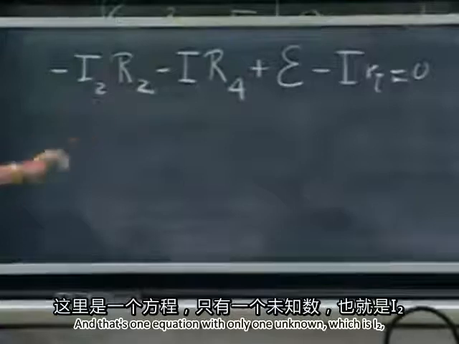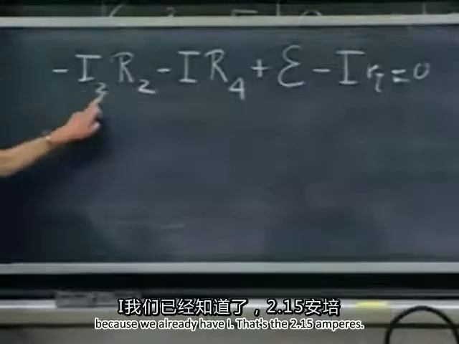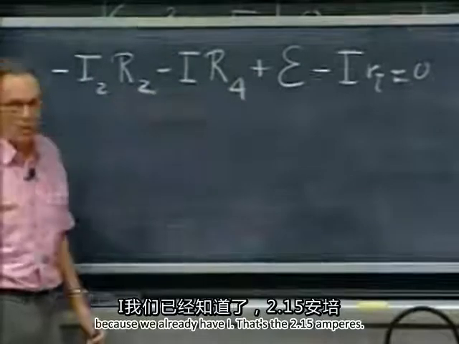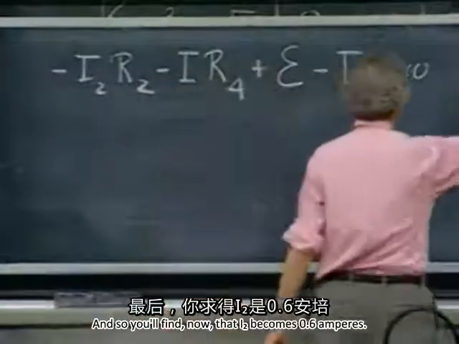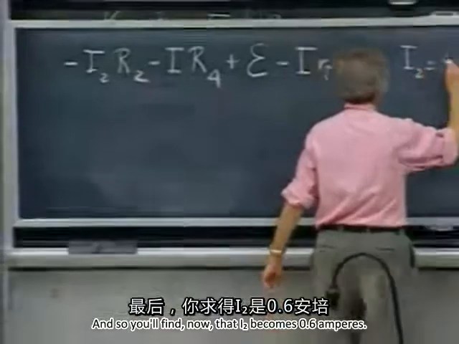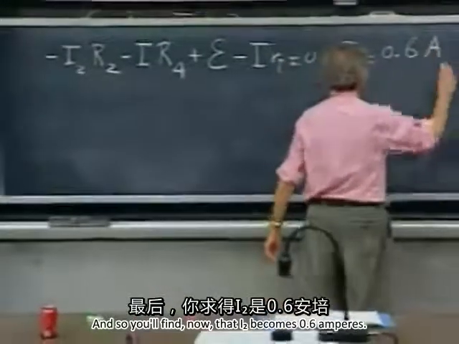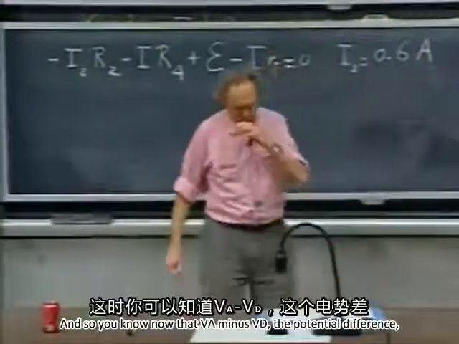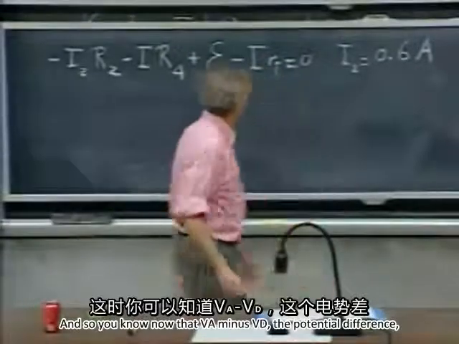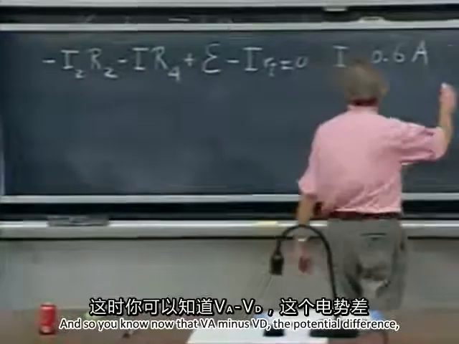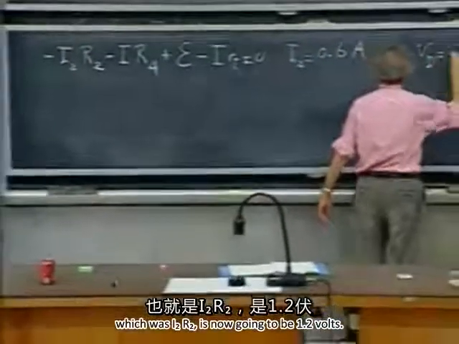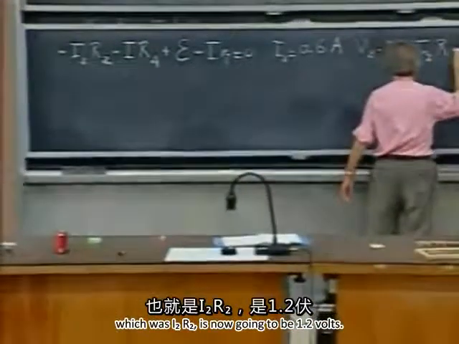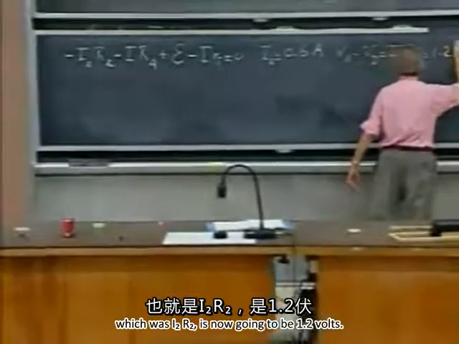And that's one equation with only one unknown, which is I2, because we already have I. That's the 2.15 amperes. And so you'll find now that I2 becomes 0.6 amperes. And so you know now that VA minus VD, the potential difference, which was I2 R2, is now going to be 1.2 volts.